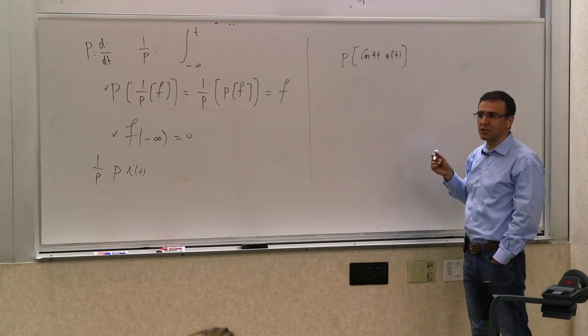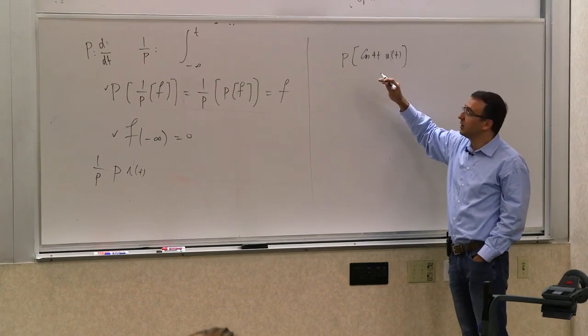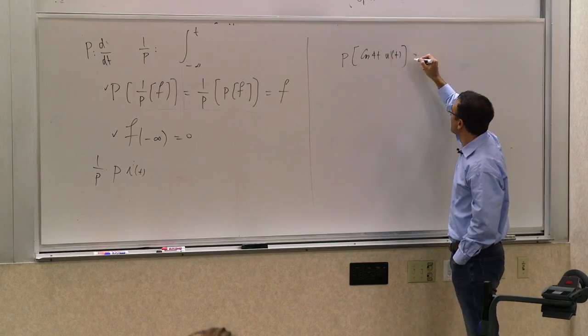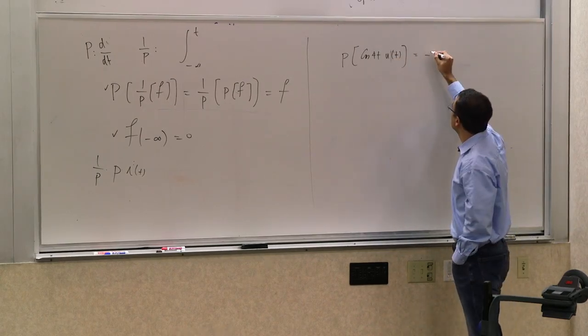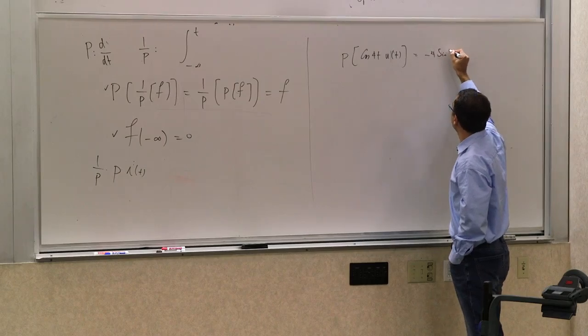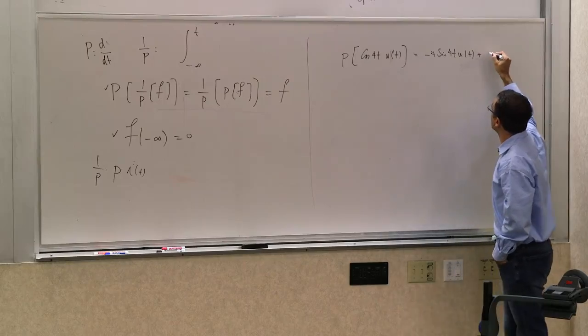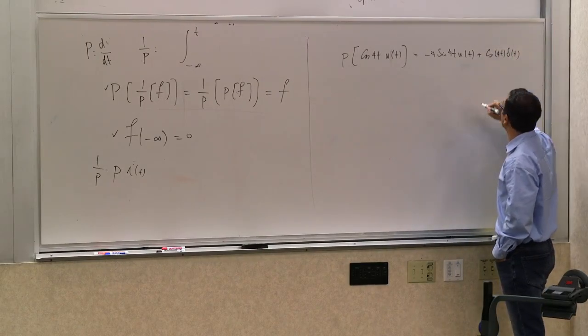Let's say differentiation of this, right? The derivative of this. So what is the derivative? The derivative of the first times the second one plus the derivative of the second times the first. So what is the derivative of the cosine of 4t? Negative 4 sine of 4t times u of t plus cosine of 4t delta of t.